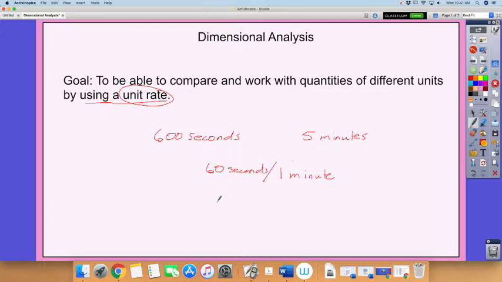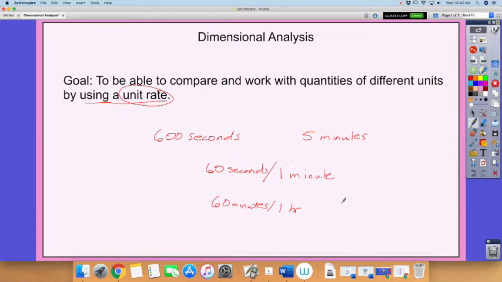We could also do another unit rate. We know that there are 60 minutes per 1 hour. So if we wanted to convert minutes to hours, that would be the unit rate we would use. So for every problem, when we use a unit rate, it's always going to be out of that 1 minute or that 1 hour.